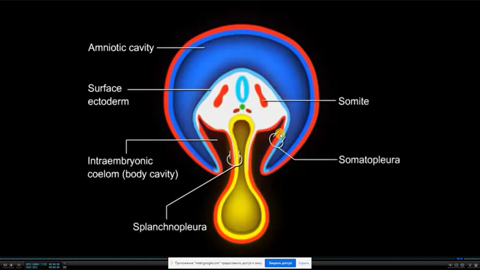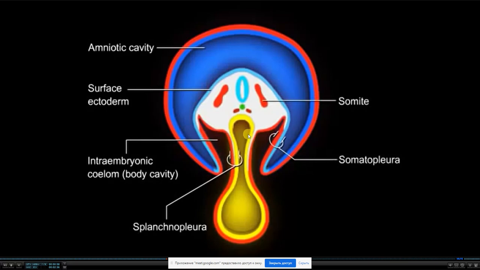Of course, the mesoderm of the somatopleura is the primordium of the parietal pleura or parietal pericardium, and also the parietal part of the peritoneal cavity. And the splanchnopleura is the visceral part of the same cavities in future.